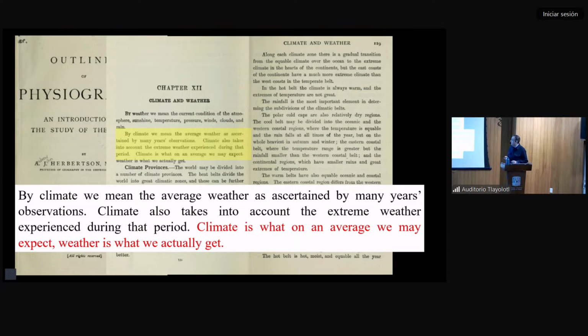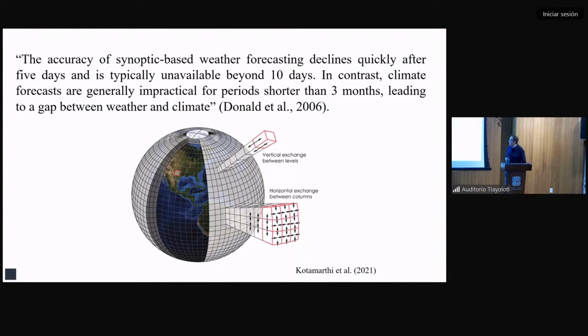But I must clarify that this difference between weather and climate is actually artificial. It actually comes from our efforts to make forecasts. We have weather forecasts, and we know that when we are forecasting weather, our forecast is really good for the first few days, but after some days, the accuracy decreases and loses validity, it is not good enough.